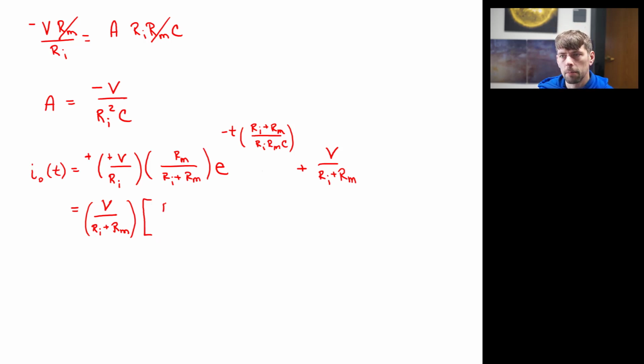We get Rm over Ri, e to the negative t Ri plus Rm, all divided by Ri Rm C, plus 1. There we go. And of course, you can see that R divided by R is unitless, and so everything looks good there.